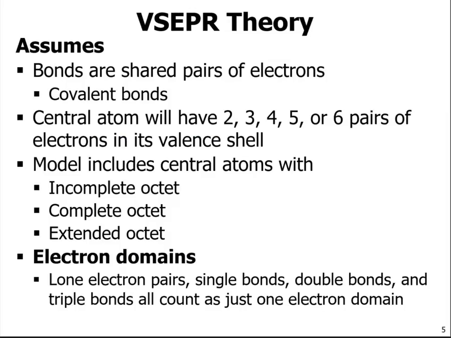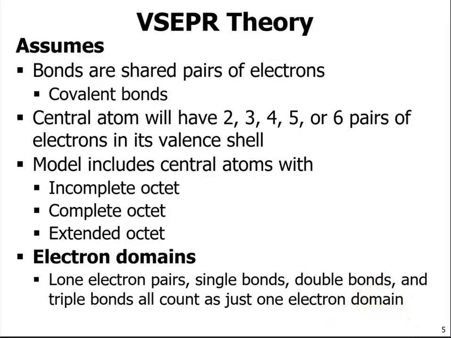The VSEPR theory assumes a few things: that the bonds are shared pairs of electrons. They're part of those orbitals we were talking about in previous lectures. The central atom will have 2, 3, 4, 5, or 6 pairs of electrons in the valence shell. Generally, we're not going to go above 6, at least not in this conversation.